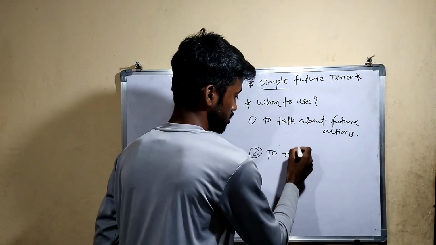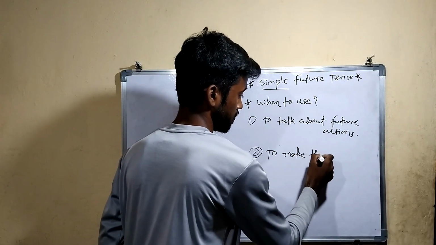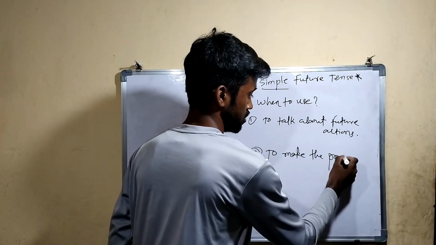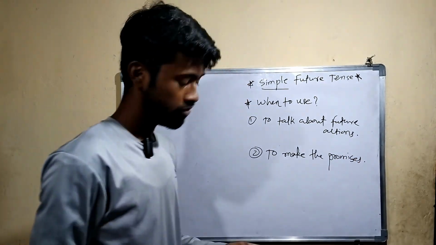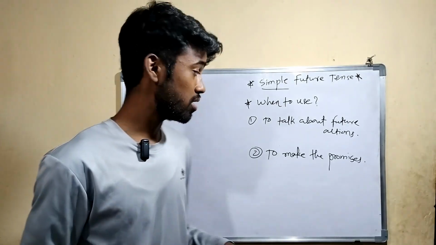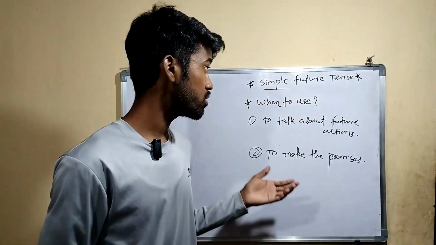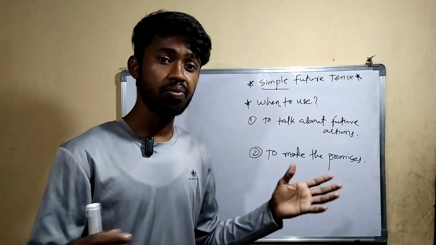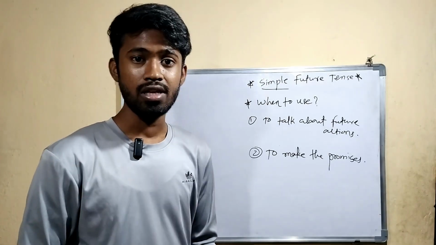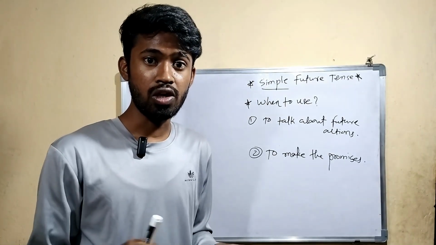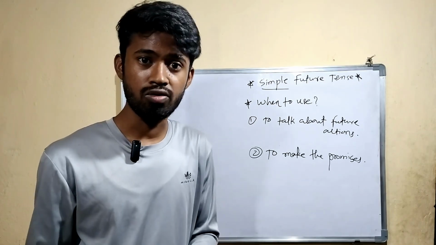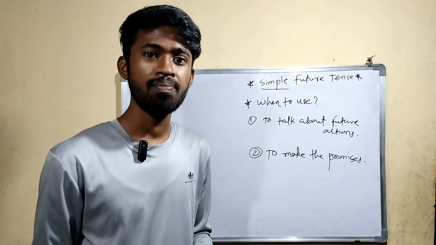To make promises. To make promises we use simple future tense. How, sir? How are we going to use simple future tense to make promises? Let's say your friend has a lot of work, and you want him to come outside with you. What promise will you make?